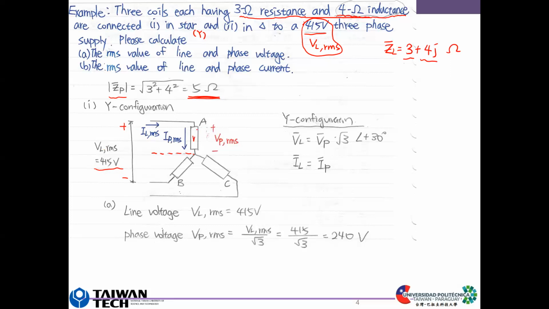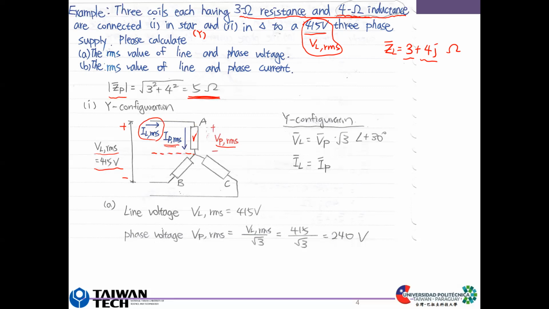We look at A. The phase voltage of this load is the voltage across this load, and this is the phase voltage, VP RMS. They are not the same, right? Because they do not connect to the same starting node and ending node. But if we look at the line voltage, line current means the current flowing through the line.